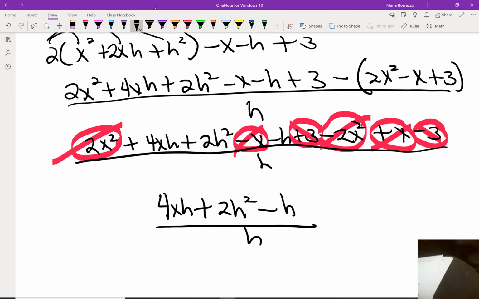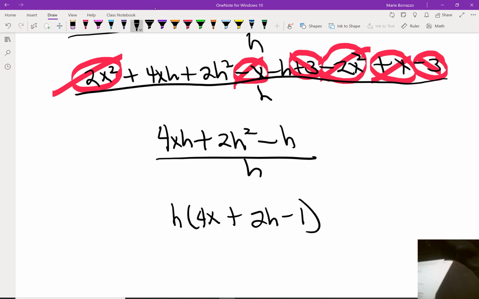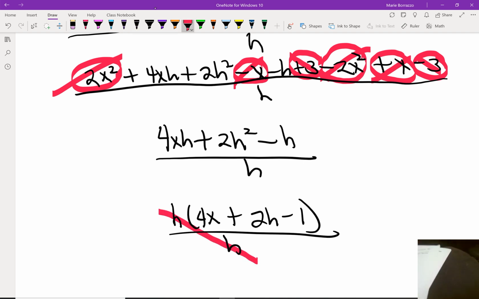Technically, at this point, I can simply take out h, which is common to all three terms, in the numerator, to get h parentheses 4x plus 2h minus 1, and all of this over h, and the h's will cancel. Your final answer in this case should be 4x plus 2h minus 1.